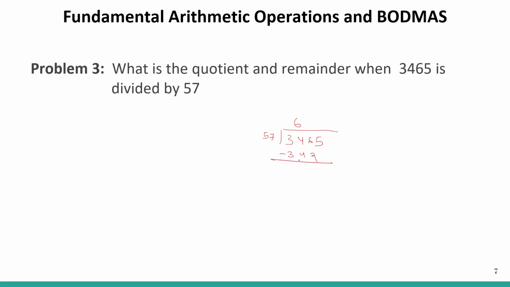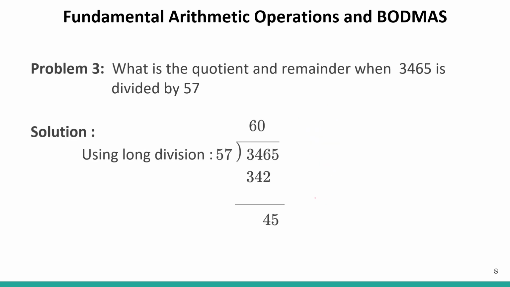Minusing, what we get is 45. Putting 0, so 60 will be the quotient and 45 will be the remainder.